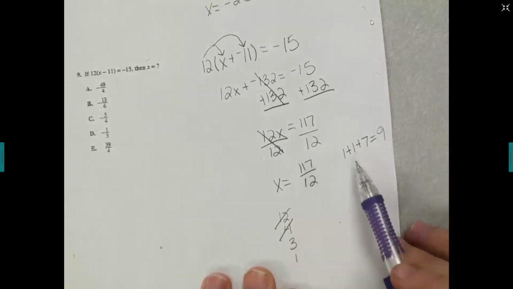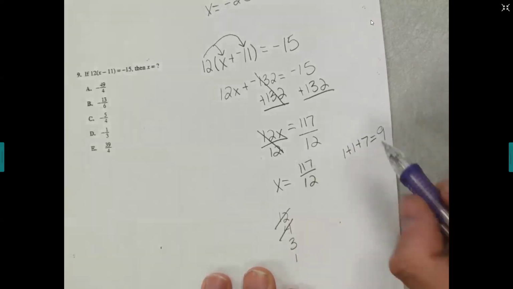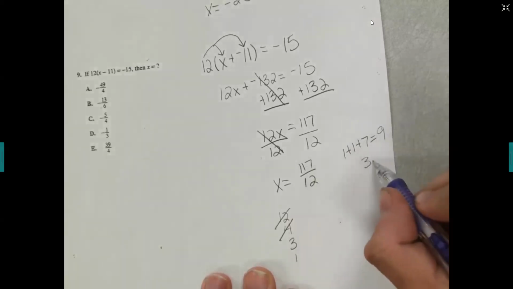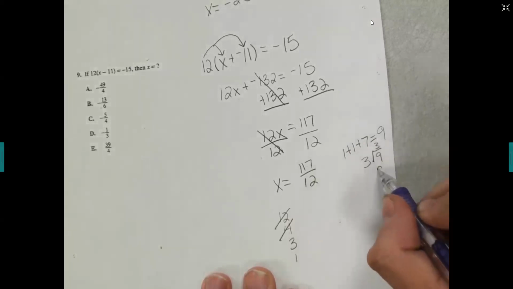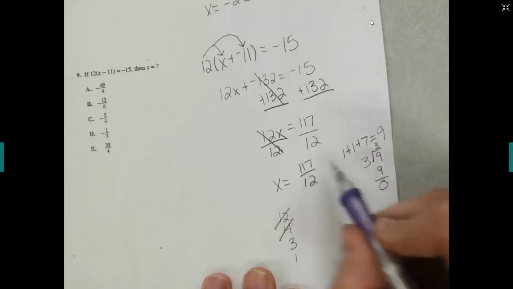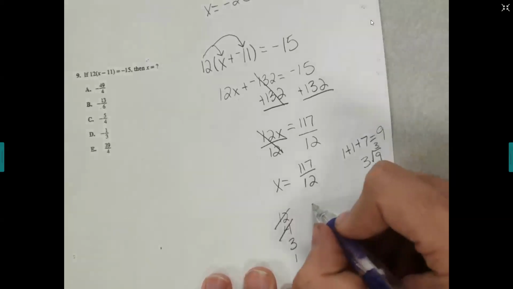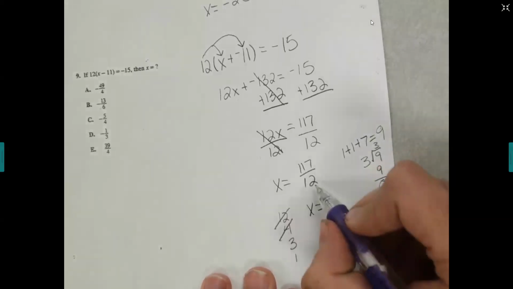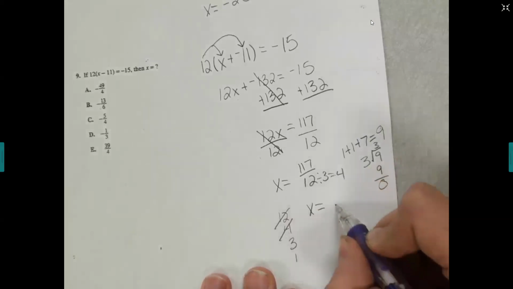So if I take 1 plus 1 plus 7, which equals 9, and 9 is divisible by 3, then yes, 117 is divisible by 3. So 12 divided by 3 is 4.